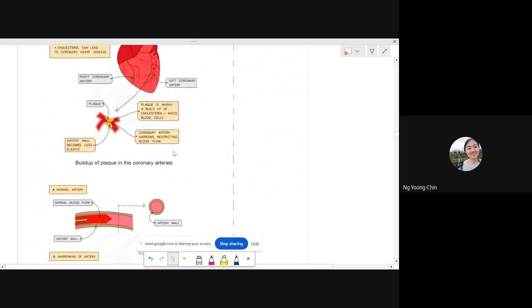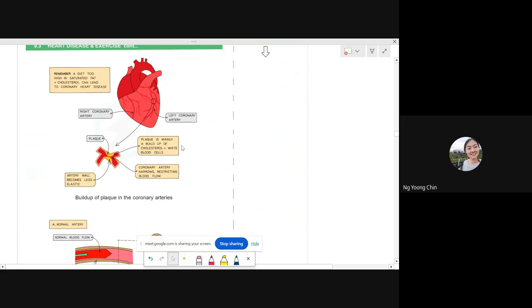Okay, so the plaque is the substance that will block the blood flow to your heart. The plaque is usually made up of cholesterol and also white blood cells. The coronary artery becomes narrow and the blood flow restricted, and it causes the artery wall to become less elastic.